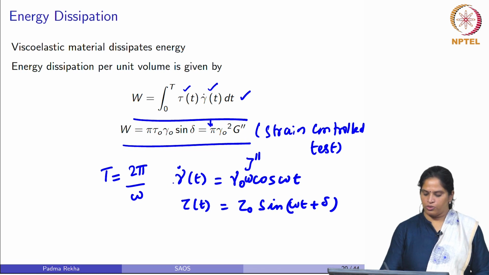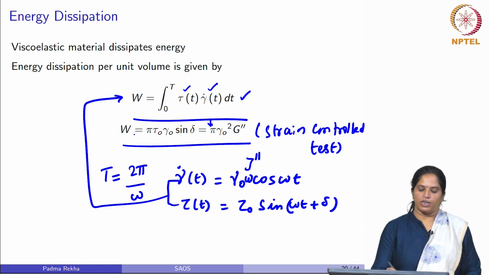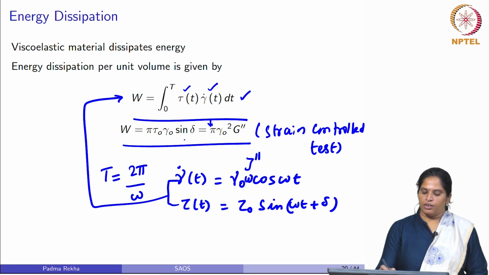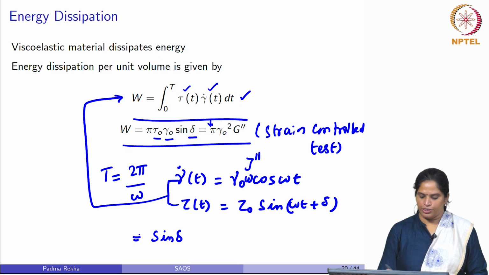When you substitute both these expressions in the first equation, you will get the energy dissipation per unit volume in a material related to the stress amplitude tau naught, strain amplitude gamma naught and phase angle delta. And we already know that sin delta is related to the loss modulus by the function: loss modulus equals sin delta into stress amplitude by strain amplitude.